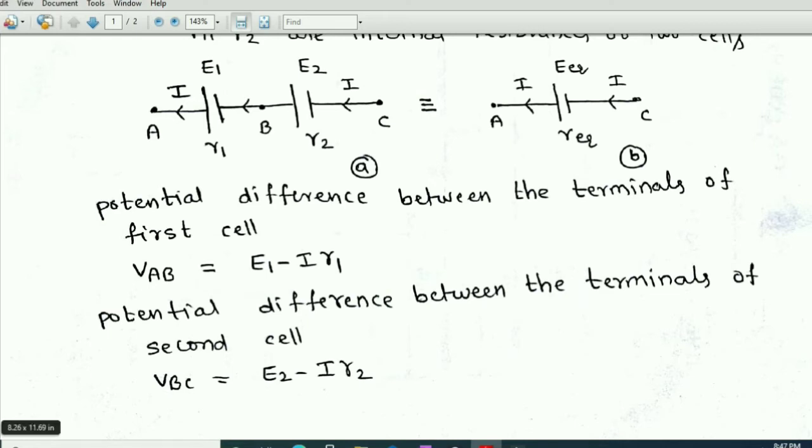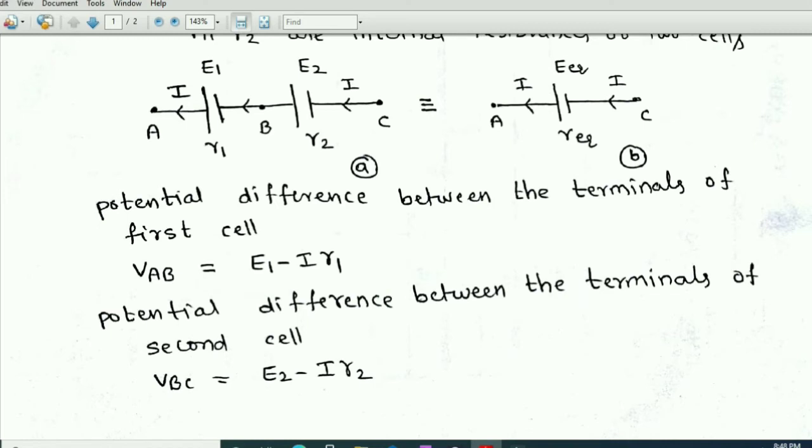That's why VBC, the potential difference between the terminals of the second cell, because the second cell is placed between the points B and C. VBC is equal to E2 minus IR2, because E minus IR is the formula. In both the cells, the same current I flows. So these are the potential differences between the terminals of the two cells.